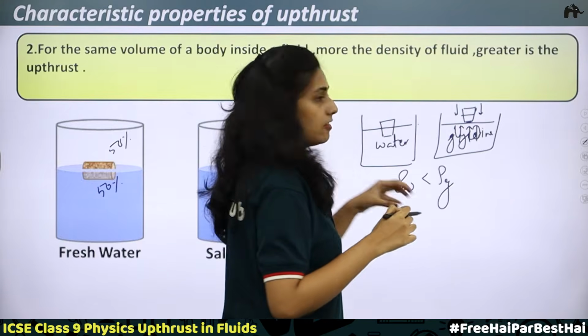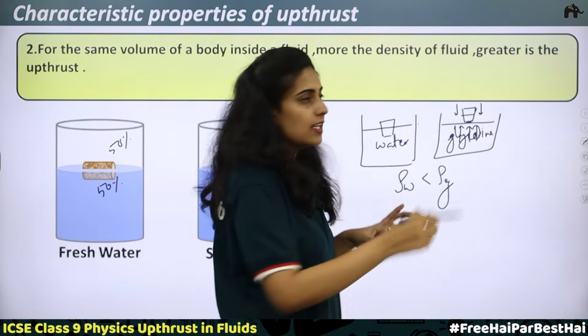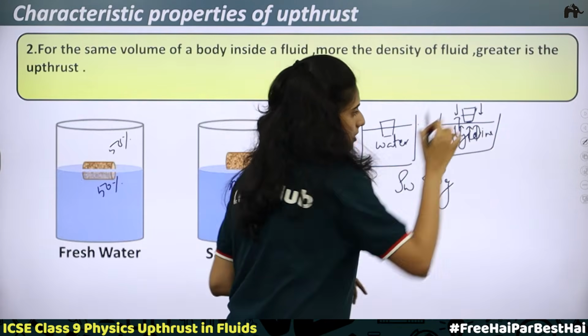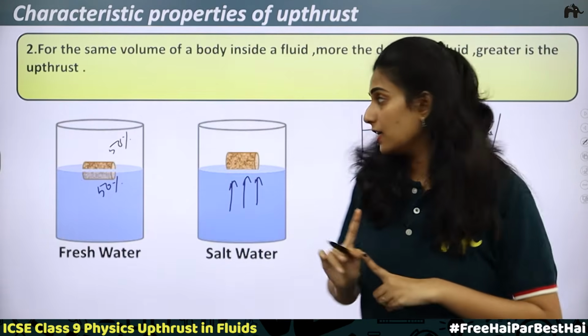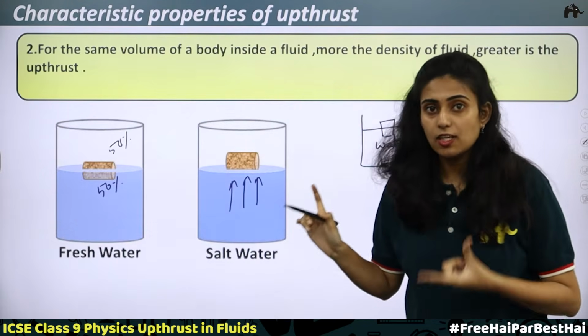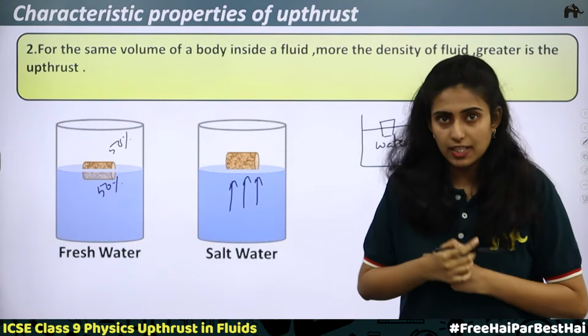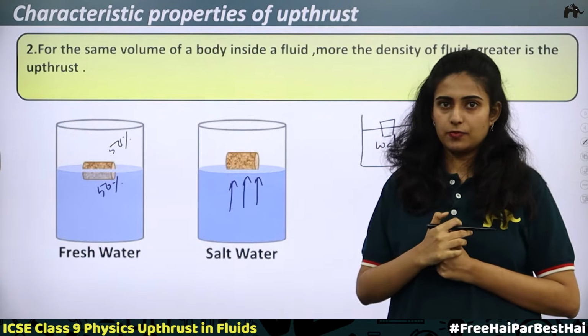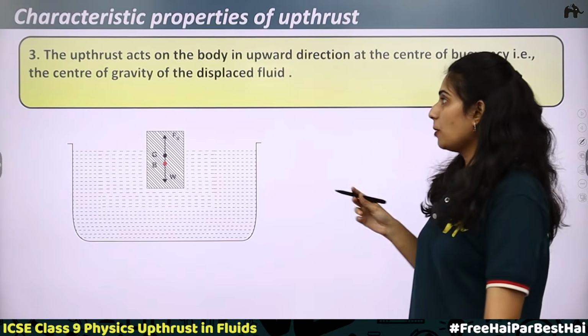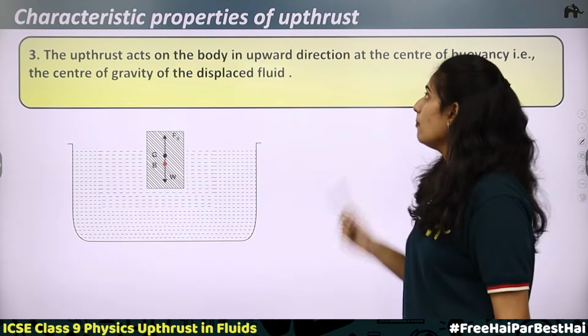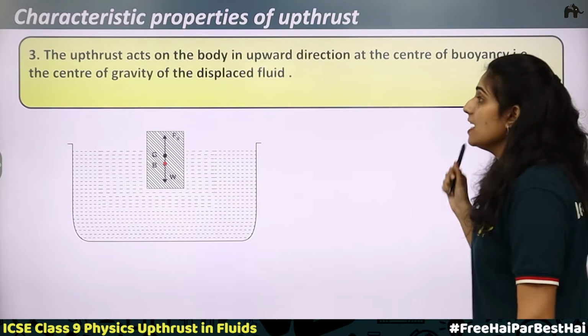Once I release it, once I remove that force, it comes to its original position. So what you can understand is that when the density of a fluid is increasing, the upward force will increase, the upthrust will increase.